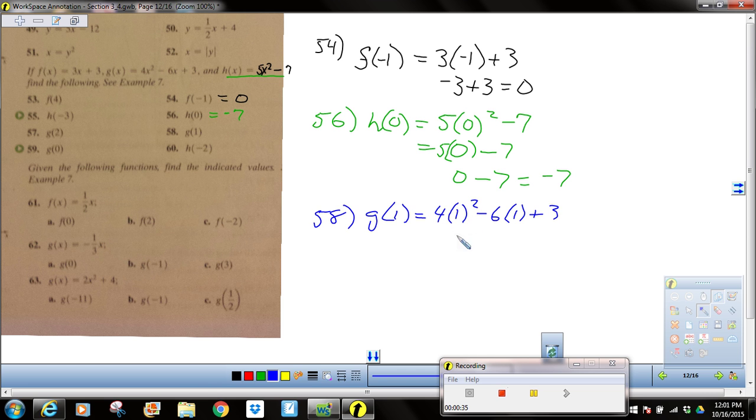One squared is going to be 1. So 4 times 1 minus 6 times 1 plus 3. This term here, 4 times 1 is 4. -6 times 1 is -6, and this is plus 3. 4 minus 6 is -2, plus 3 is +1.